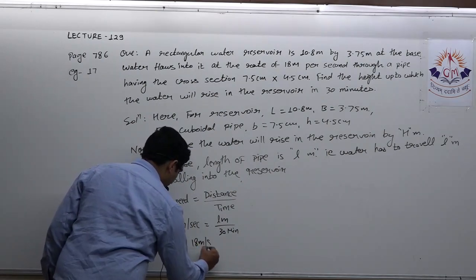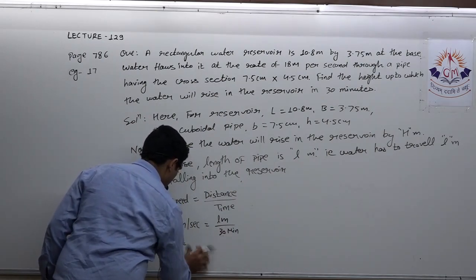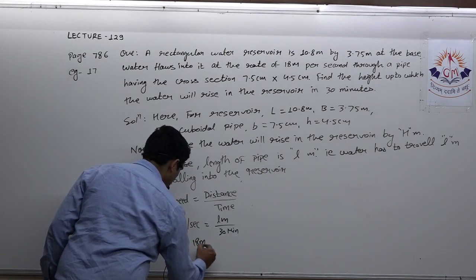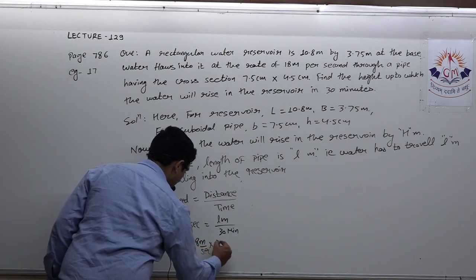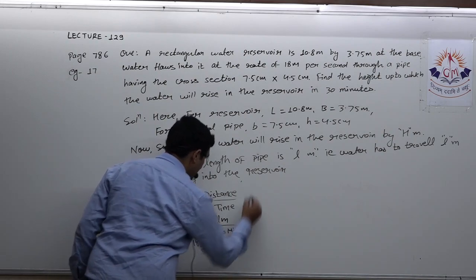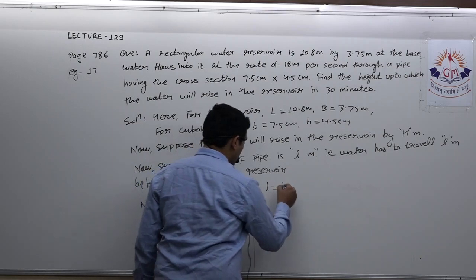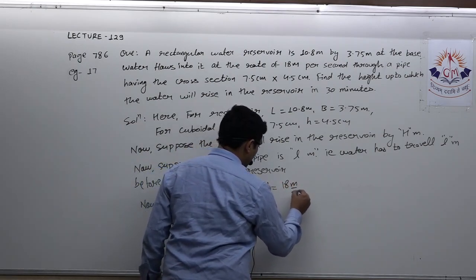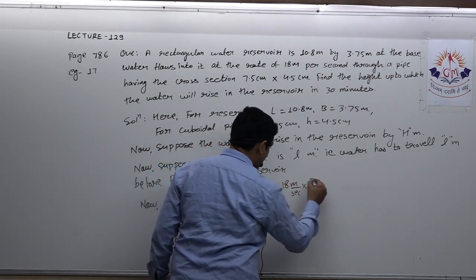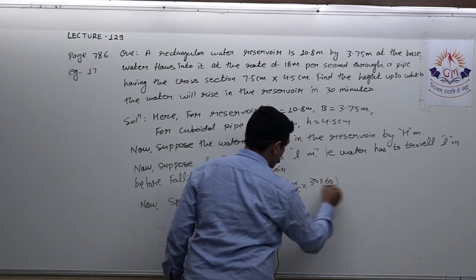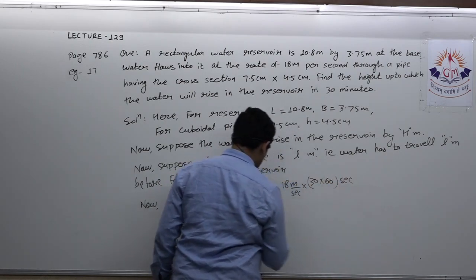L is equal to 18 meters per second multiplied by 30 minutes. Therefore L is equal to 18 meters per second multiplied by 30 into 60 seconds.